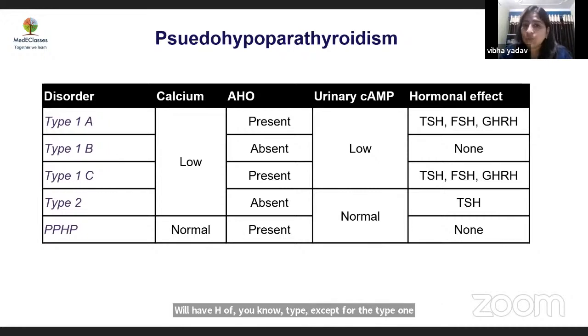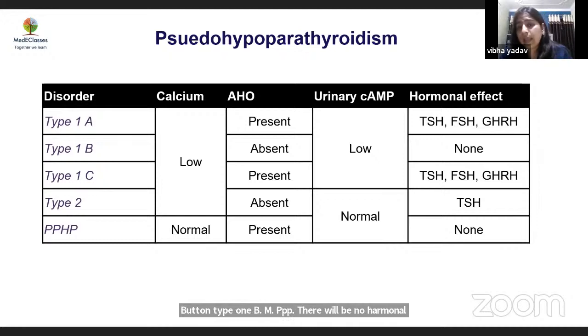All will have low urinary calcium and low cyclic AMP except for type 2. Hormonal resistance to other hormones like TSH, FSH and GnRH will be seen in type 1A and type 1C, but in type 1B and PPHP, there will be no hormonal resistance.